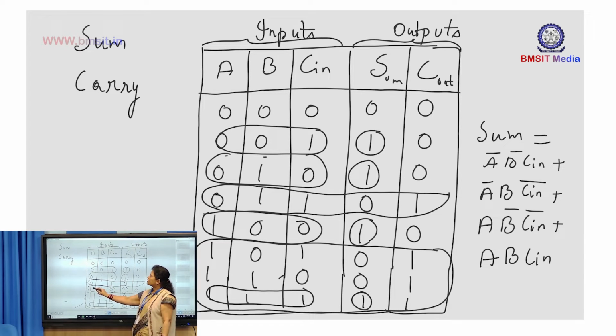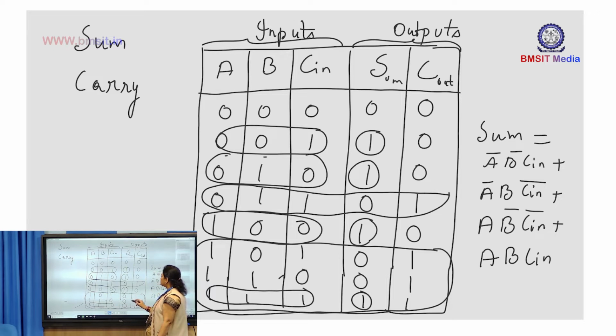Similarly, the next combination 1 0 0, we have sum is 1, carry as 0. The next combination is 1 0 1. So 1 plus 0 plus 1, sum is 0, carry is 1. Similarly, you have 1 plus 1 plus 0, so sum is 0, carry is 1. The last combination is 1 plus 1 plus 1, so here we get sum as 1 and carry also as 1.